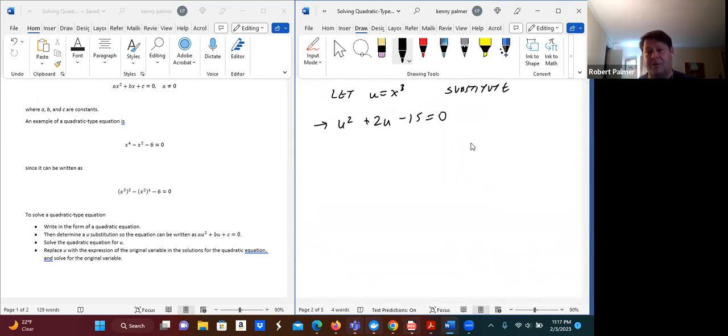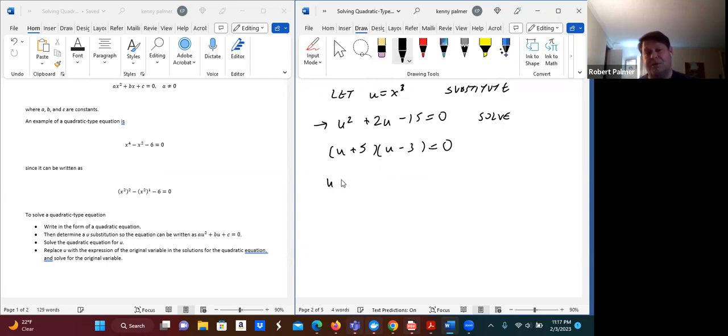Okay, now once again, solve this using either method you can for a quadratic equation. This will also factor, though if you want to use the quadratic formula, it's perfectly good as well. This will factor into u plus 5, and I did it again, it should be a u, not an x, and u minus 3.